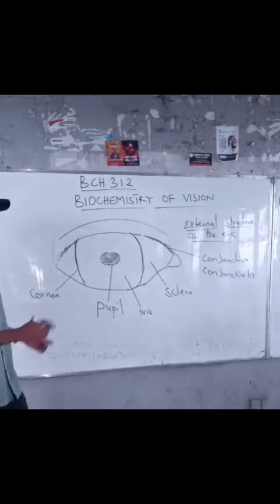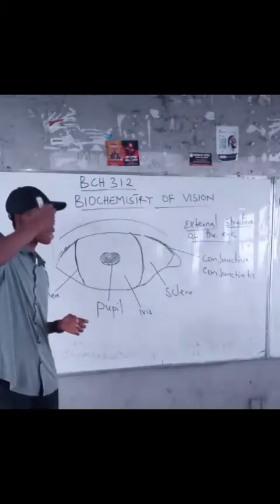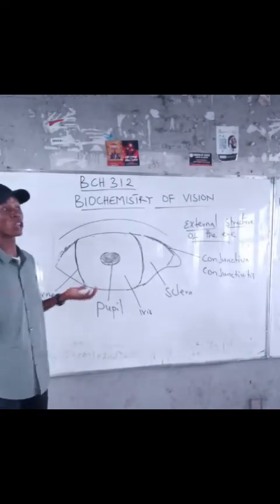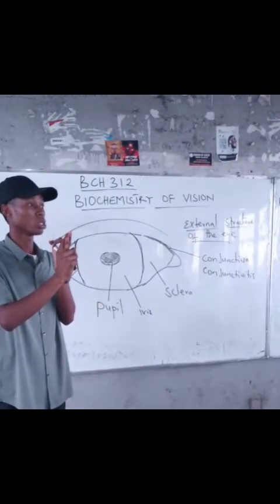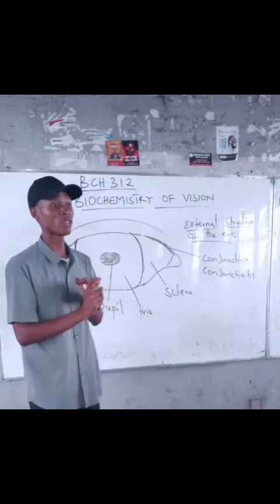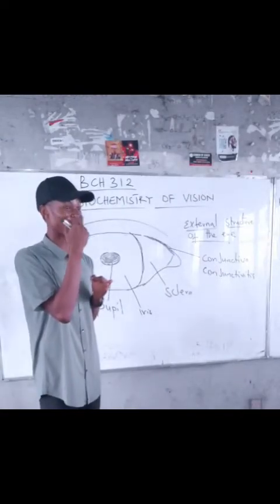Next one is what? Iris. If you look at the dark part of your eyes, there's an inner black one, right? The iris can be different colors: blue, black, or brown. For mine, it's dark brown.